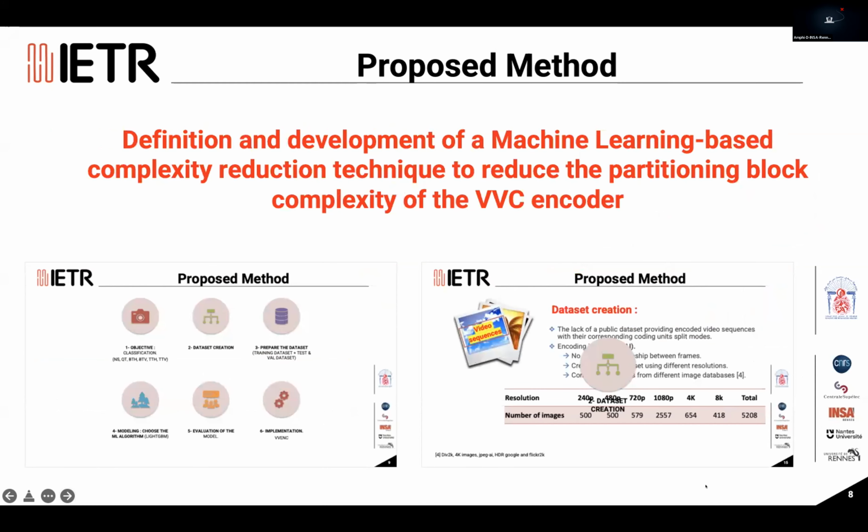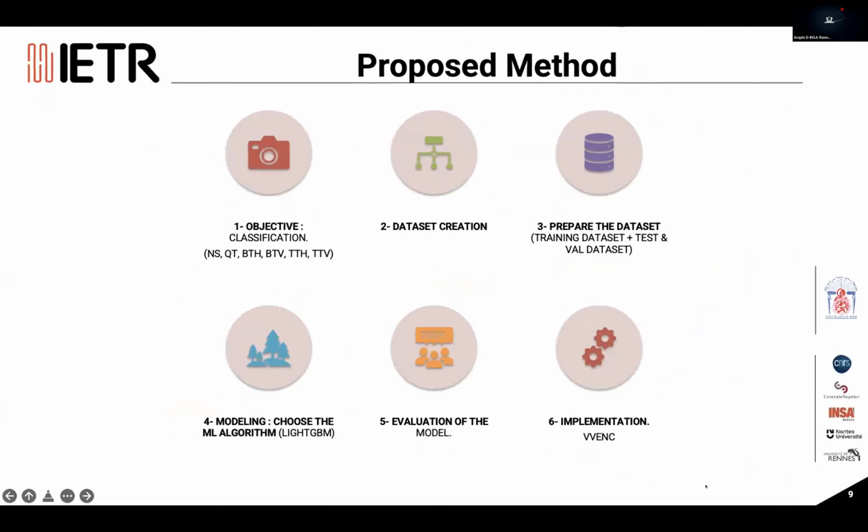And here comes our proposed method, based on machine learning, to reduce the complexity of the partitioning block in VVC. The main steps of our proposed method are: first, the definition of our objective, which is the classification of the six possible classes; the dataset creation and preparation; the modeling and training; the evaluation of this model; and finally the implementation in the VVenC encoder.